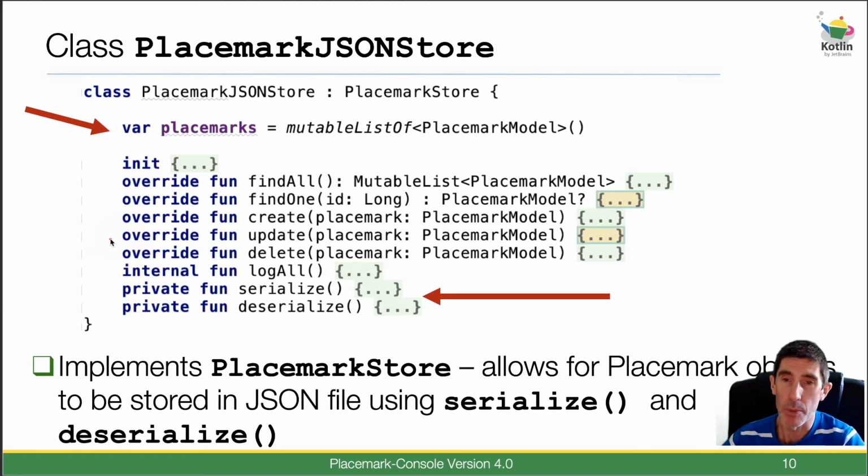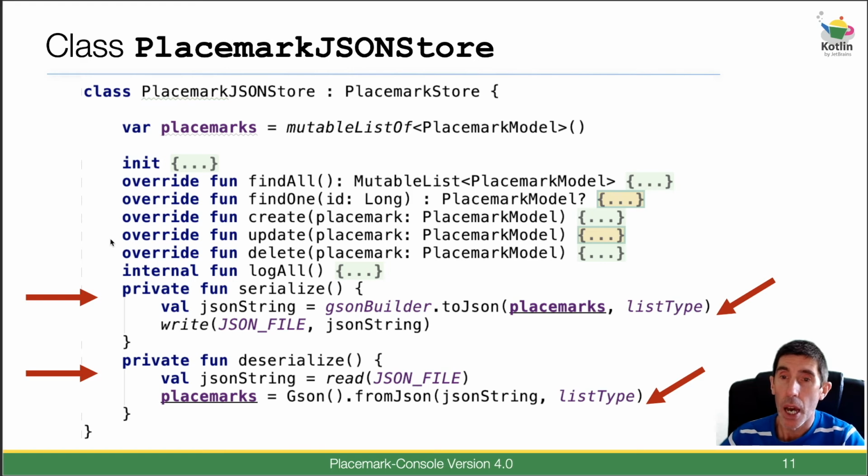So this implements the placemark store interface, and allows for placemark objects to be stored in a JSON file using serialize and deserialize, and we will look at those in more detail in the next few slides. What we have here is quite concise, just a couple of lines of code.